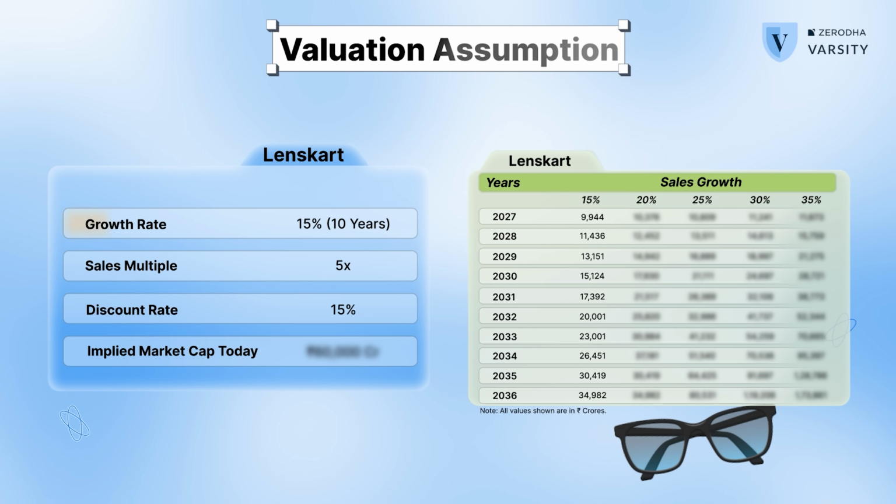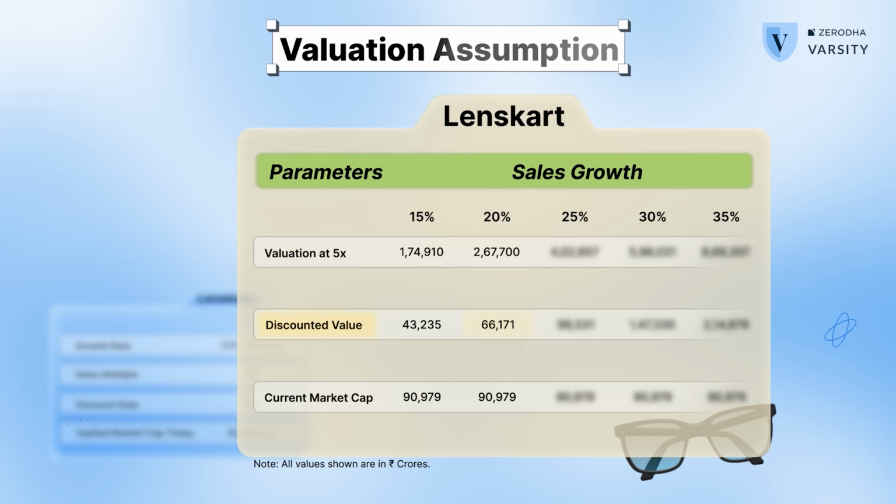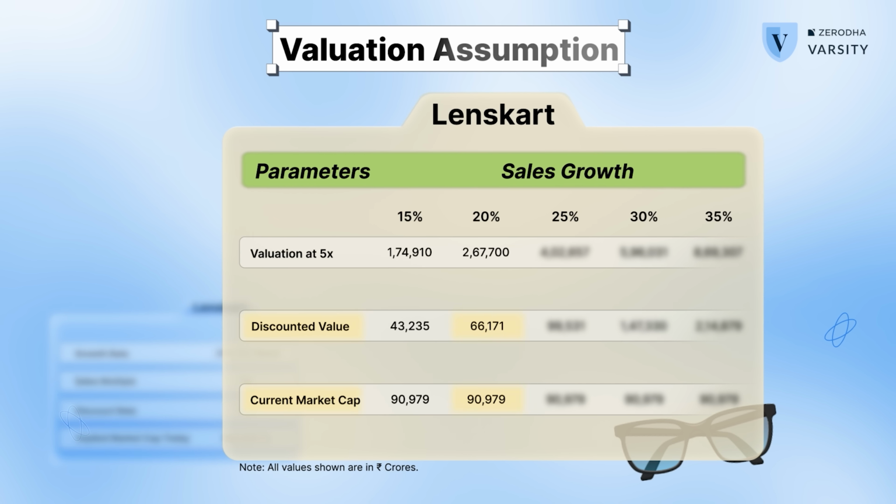What does this mean? This means that the market expects a sales growth rate much higher than 15%. What could that rate be? Is it 20%? Well, if you do the same exercise, the market cap still does not match. It's 60,000 crores versus 90,000 crores, indicating that it is overvalued.